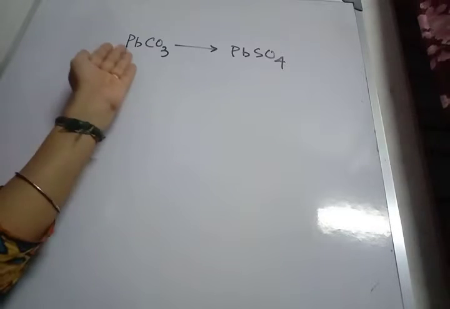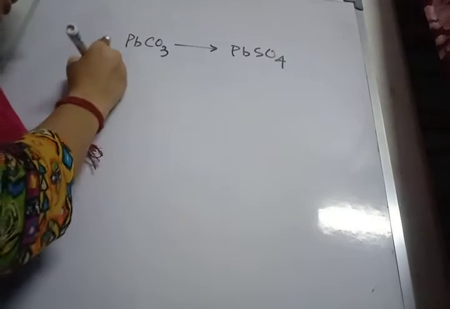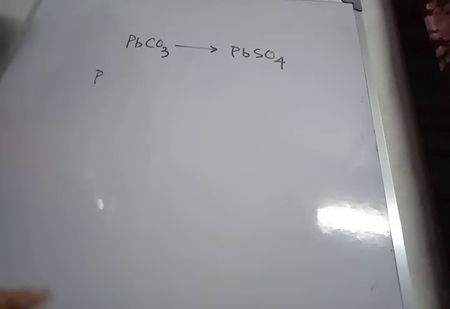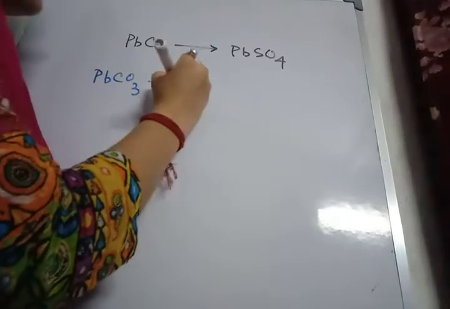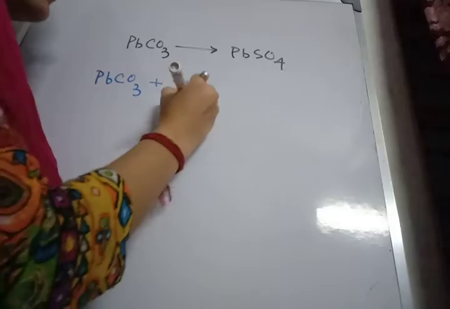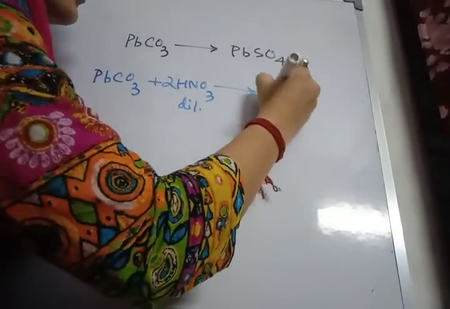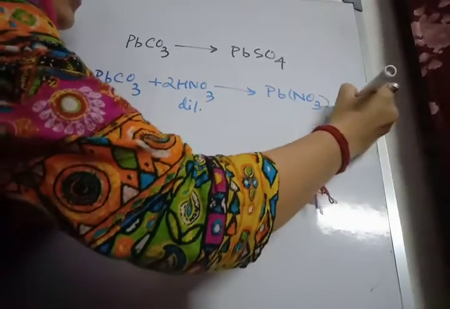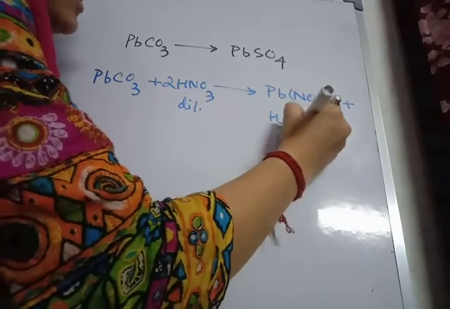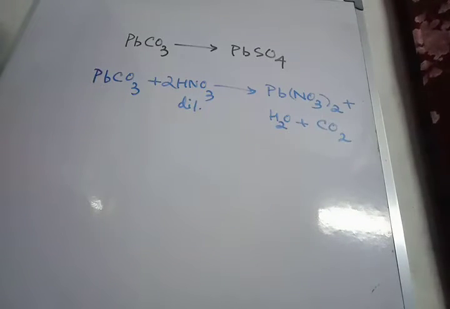First of all, we have to convert lead carbonate to a soluble salt of lead. So lead carbonate will be reacting with dilute nitric acid to form lead nitrate, which is a soluble salt, plus water plus carbon dioxide gas, because whenever any carbonate salt reacts with dilute acids, we get salt, water and carbon dioxide.